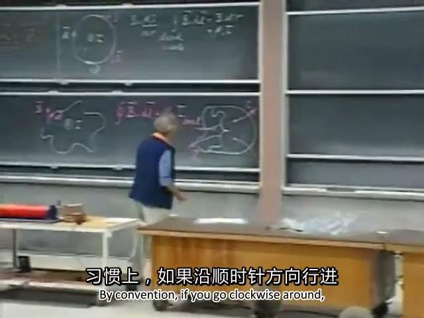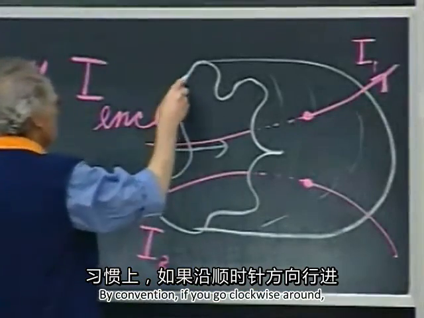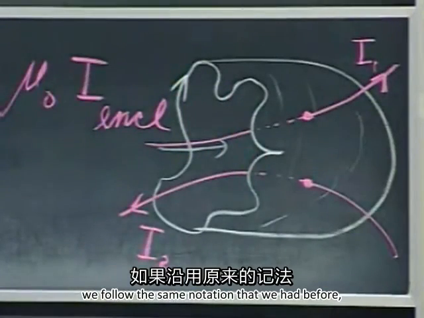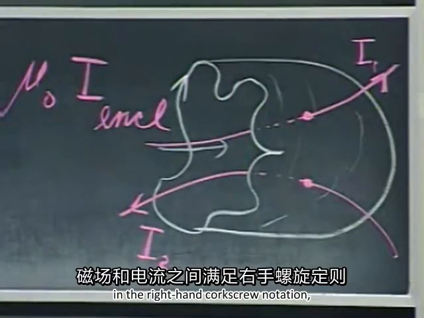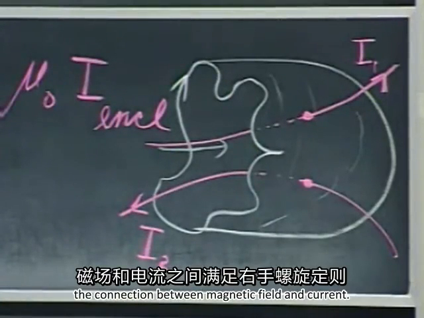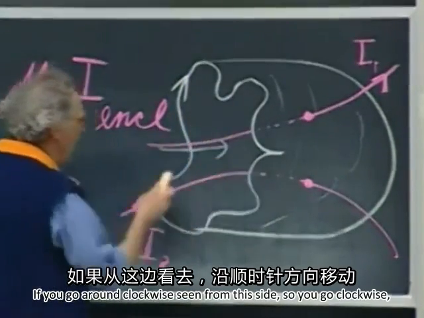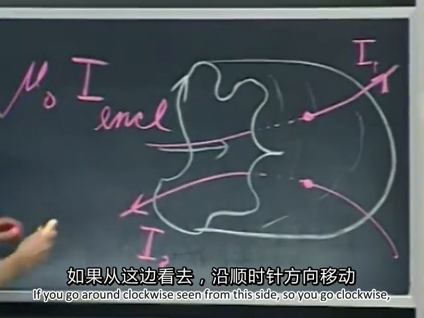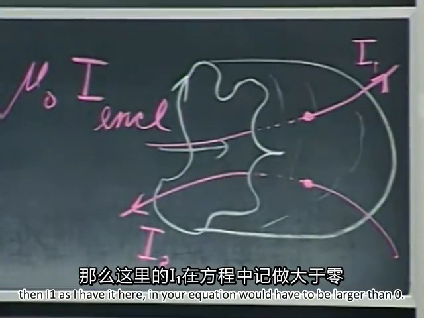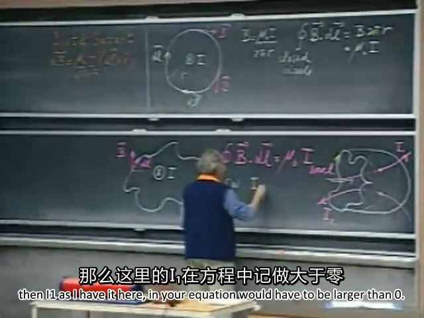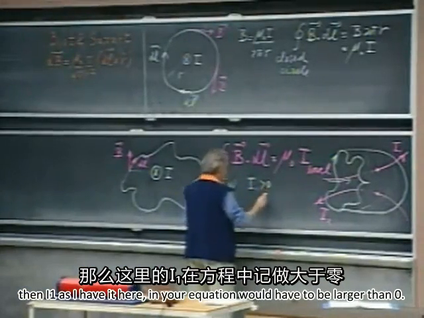By convention, if you go clockwise around, we follow the same notation that we had before, the right-hand corkscrew notation, the connection between magnetic field and current. If you go around clockwise, seen from this side, then I1, as I have it here, in your equation would have to be larger than 0.